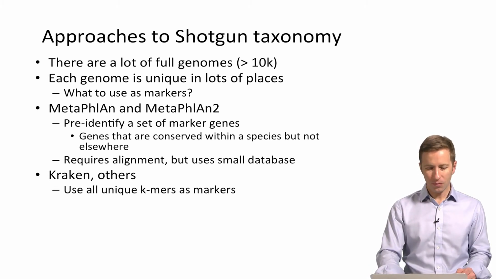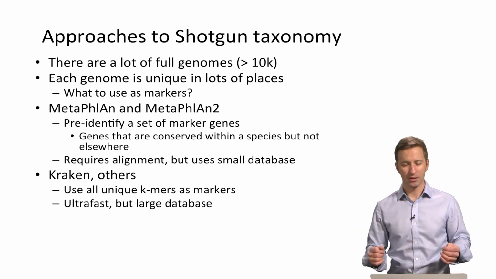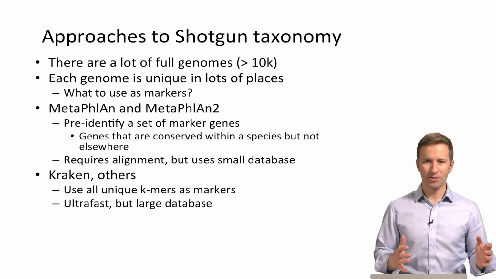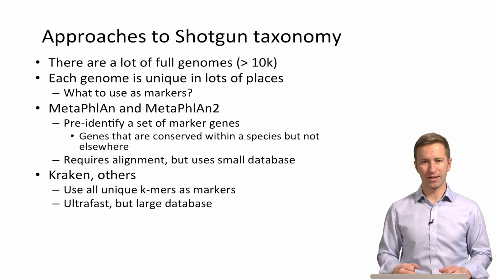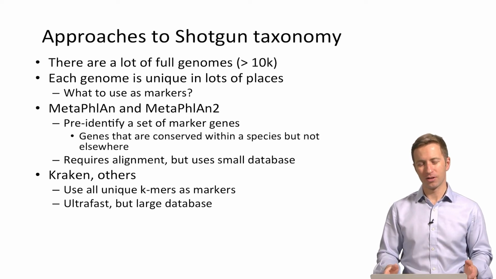So that's the trade-off: it's ultra fast, but it uses a large database. And what they had to do is subsample down to what they call MiniKraken, which is something like a 4 gigabyte database that you could actually run without a supercomputer.